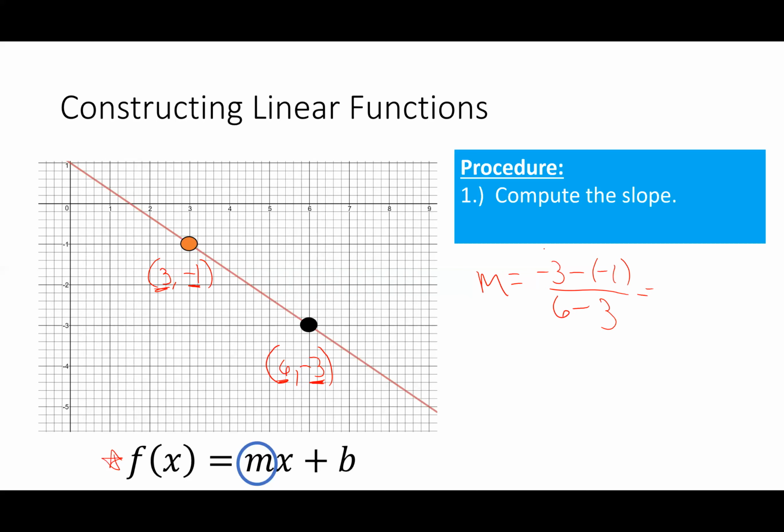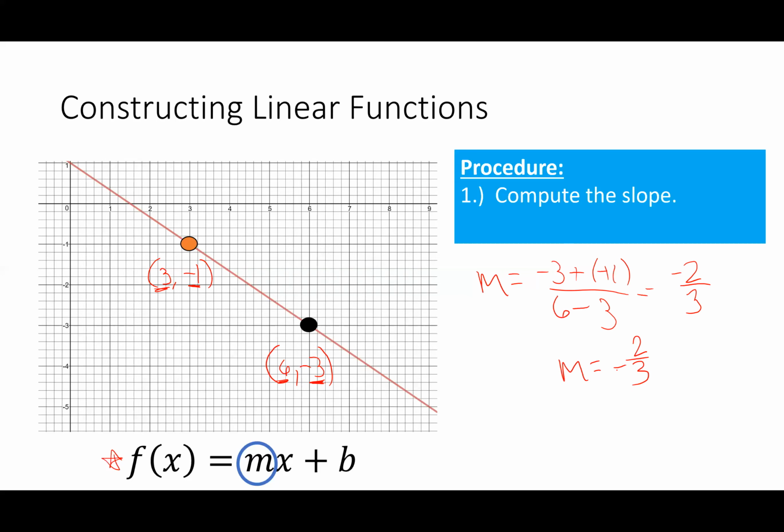So -3 minus -1, that's going to turn into plus a positive. That's going to be a -2 over 6 minus 3, that's 3. So m is equal to -2/3.